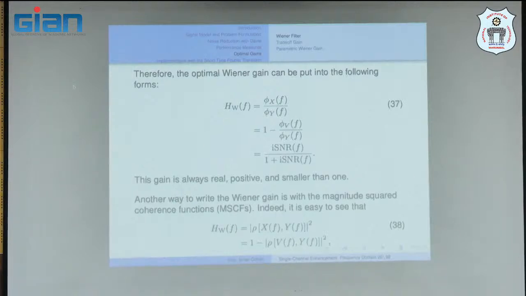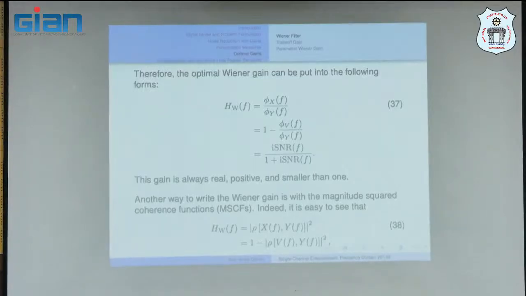So this is the Wiener gain, which is the input SNR divided by 1 plus input SNR. Remember when we asked about that, when the input SNR increases, we want to have higher gain. The gain is between 0 and 1. When the input SNR is higher, it means that we want to keep the signal undistorted in those frequency bands.